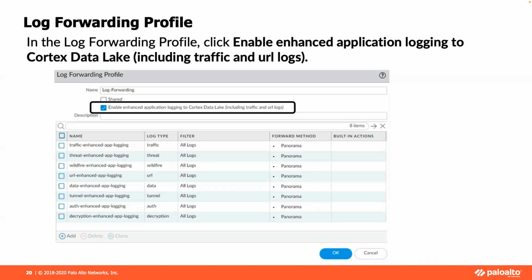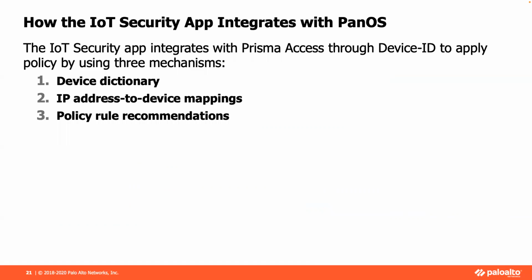And throw all your logs up there. Whether they're enhanced application logs, whether they're URL logs, whether they're threat logs, whether device logs, configuration auditing, send everything up there. Decryption logs, all of that.